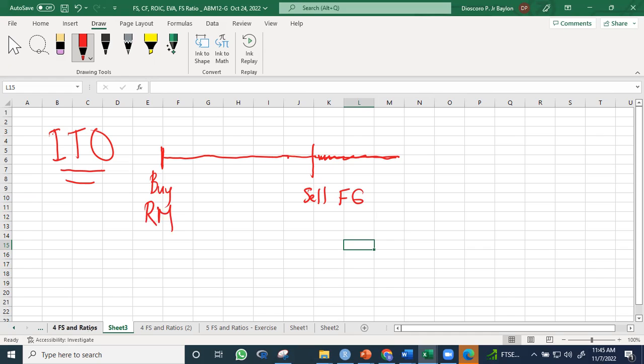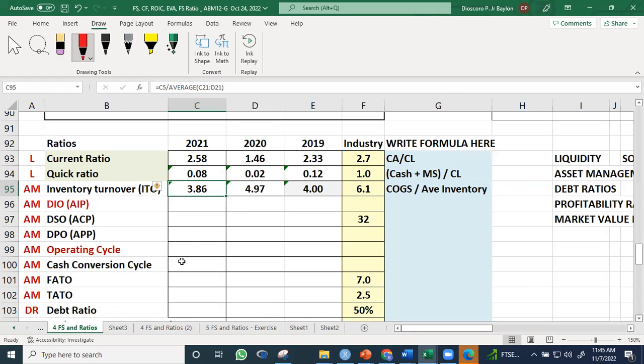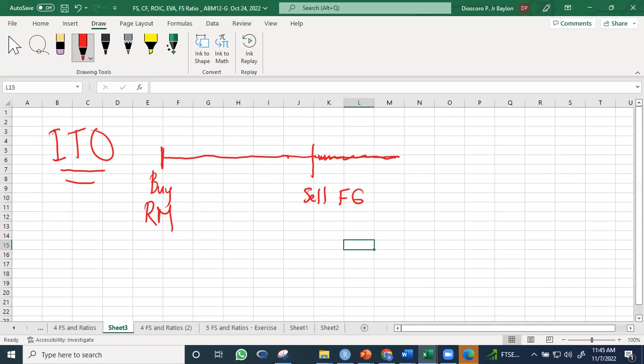So ano yung figure natin? Ilan siya? 3.86. Okay? So ibig sabihin yan, every year, okay, so let me draw the timeline. So kunyari every year to, no? Ito yung 1 year ng company. No? So buy raw materials, sell the goods. That's 1. Buy raw materials again, sell the goods. That's 2.